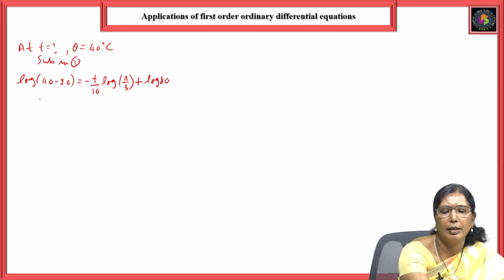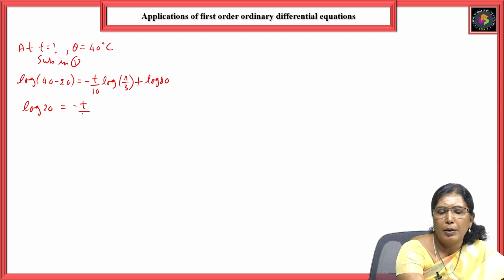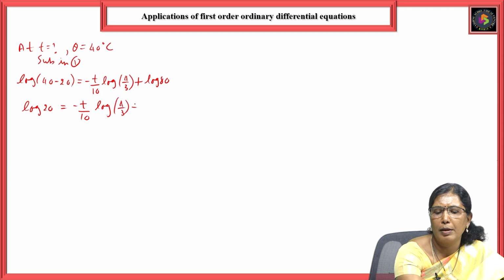So take this to LHS and this to RHS. First simplify this. Log 20 is equal to minus t by 10 log 4 by 3 plus log 80. So take this term to the left hand side, and this to the right hand side.